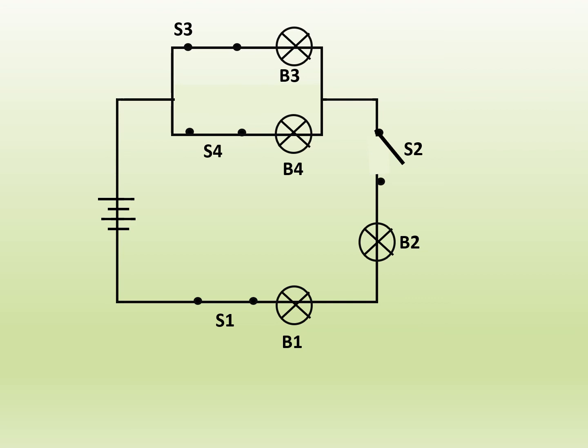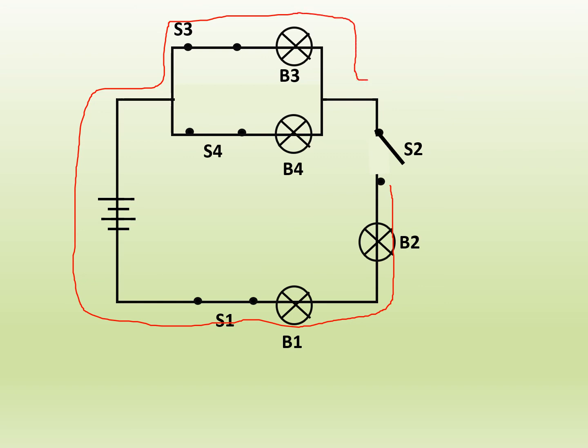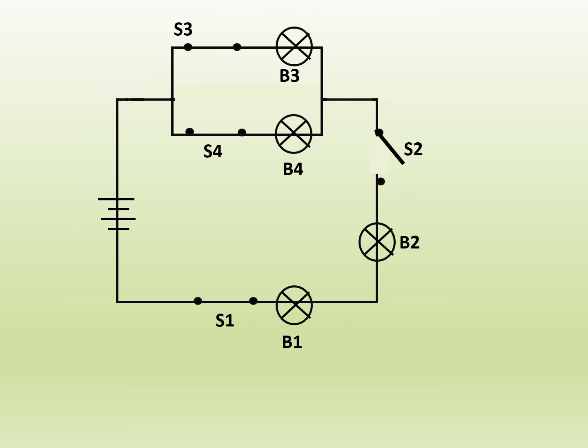As you can see here, the pathway for bulb 2, bulb 1, and bulb 3 is incomplete or not complete because it stops at switch 2 here. And the same thing happened for the electrical pathway for bulb 4 because it is also not complete and stops at switch 2.